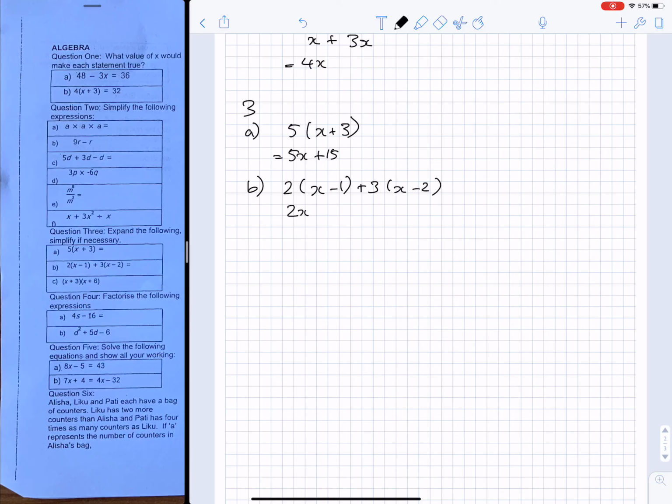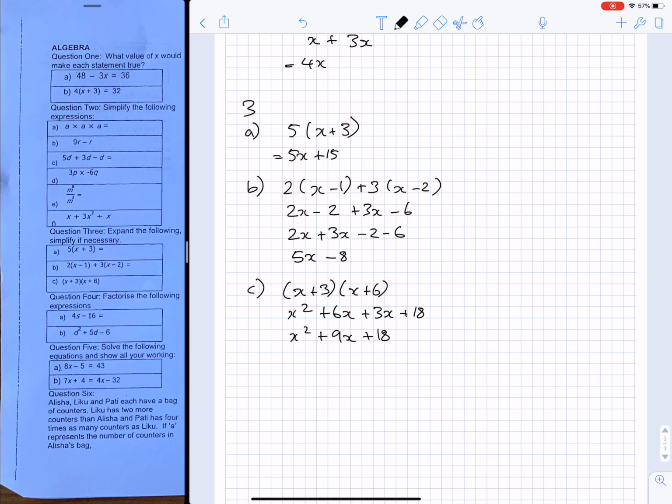You've got 2x minus 2 plus 3x minus 6. 2x plus 3x minus 2 minus 6. 5x minus 8. C, x plus 3 times x plus 6. So then it becomes x squared plus 6x plus 3x plus 18. x squared plus 9x plus 18.